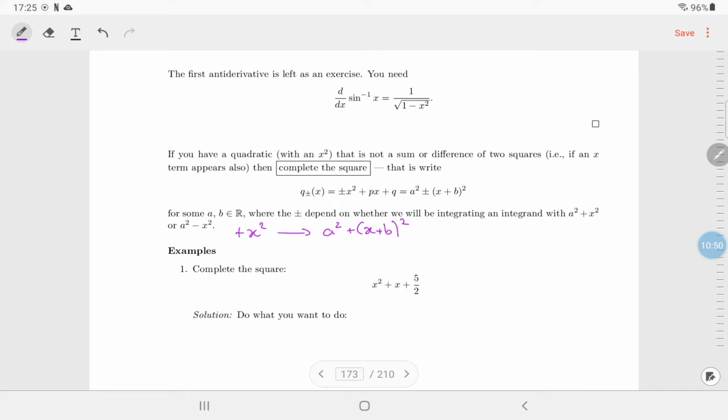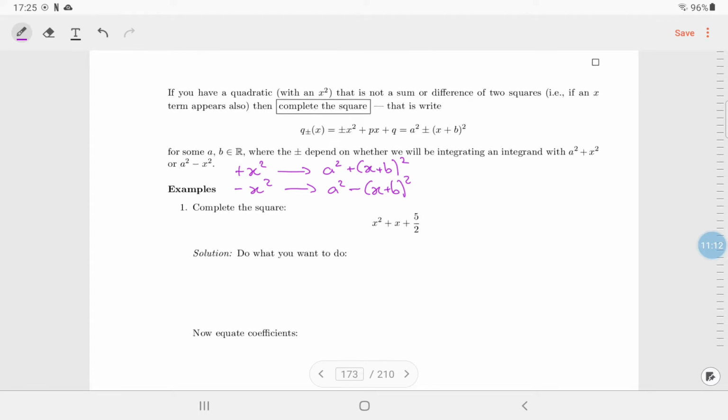And if it's minus x squared, you go for a squared minus (x plus b) squared. In the level 7 context, the x going to x plus b would be called a shifting, and it'd be more to the forefront of your mind, but it isn't here.